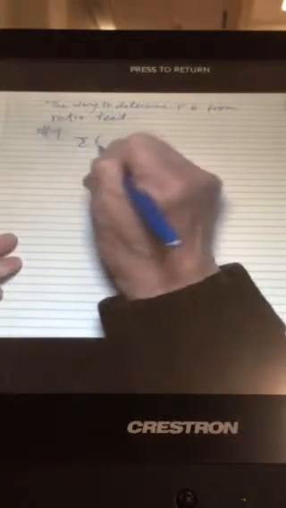I'm given a series, sum of (2x) to the k, and they want us to determine the radius of convergence of the following power series, then test the endpoints to determine the interval of convergence.